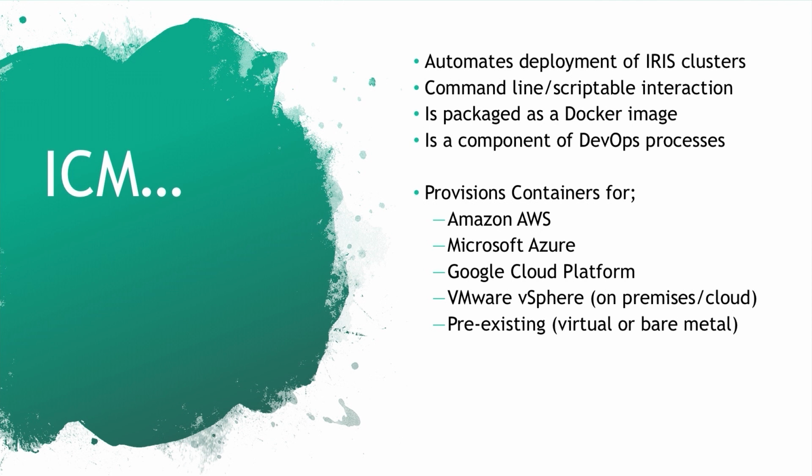So in its current form, it's a command line driven interface, and I believe we're going to be going more and more to the API, but the thing with the command line is that you can start to script these things as well. And we can provision containers, as I'm pretty sure you would be aware, from AWS, Azure. You can also deploy on bare metal and on vSphere as well.